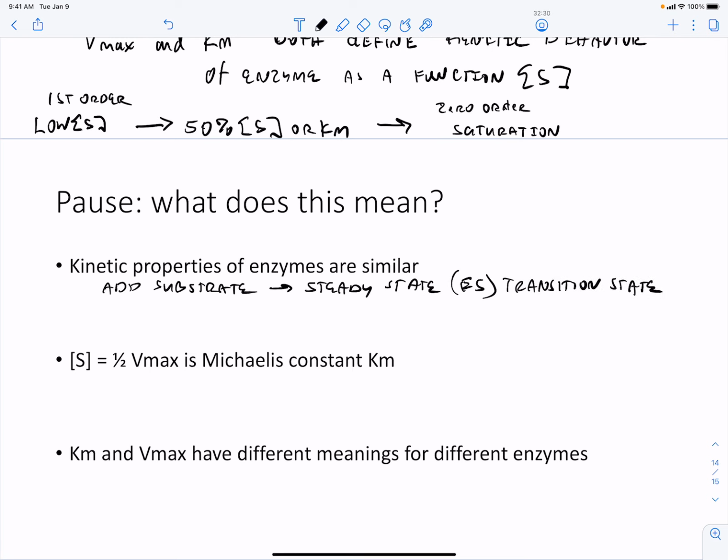This is true of all enzymes. The rate of this complex formation balances the rate of its breaking down. And as the substrate concentration increases, the steady state activity of the enzyme increases in a hyperbolic way as it approaches Vmax.